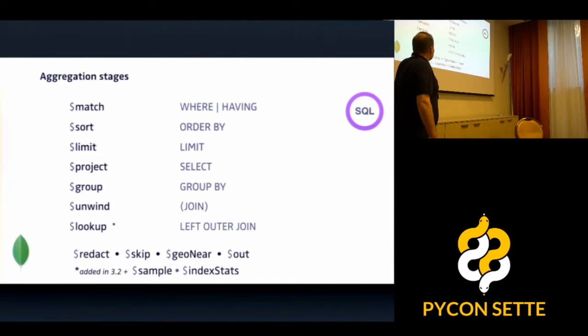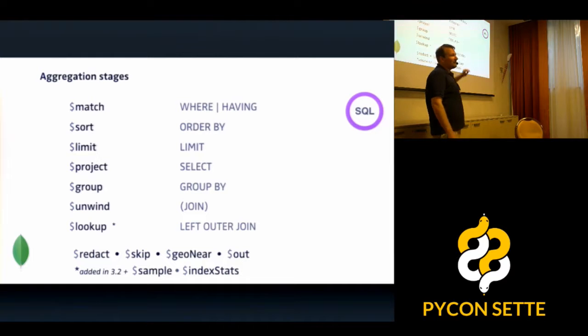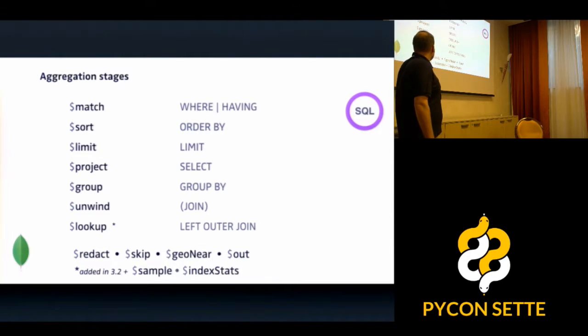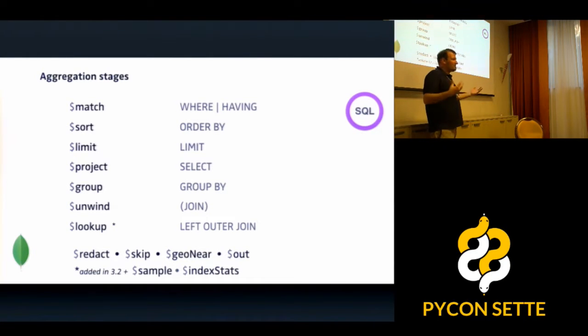And now, for the latest version of MongoDB, yes, we do have lookups, which is a left outer join, which is quite a surprise. Then we have some more MongoDB unique concepts, like redact, skip, which is also skipping records, quite obvious. GeoNear for geolocation, and out for storing some stuff to a new collection. We can also sample our data set.